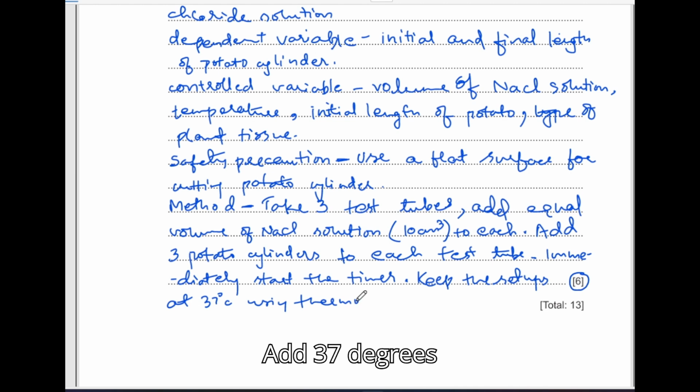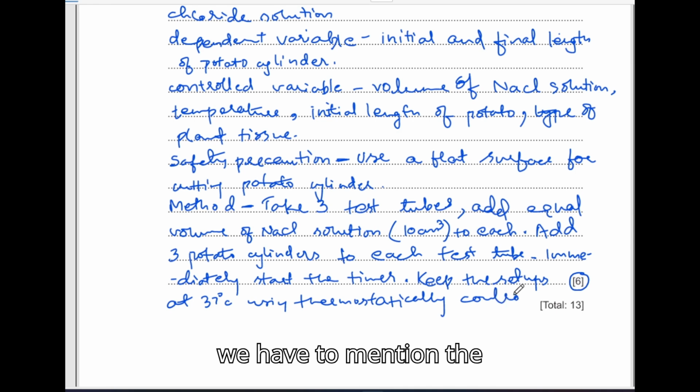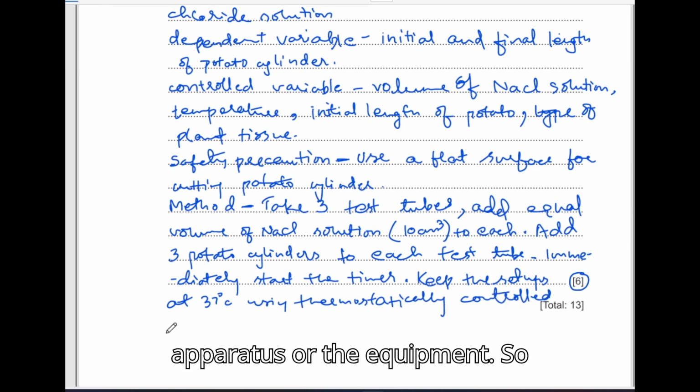Right, so immediately start the timer, keep the setups at 37 degrees Celsius using a thermostatically controlled water bath. Wherever possible, we have to mention the apparatus or the equipment.